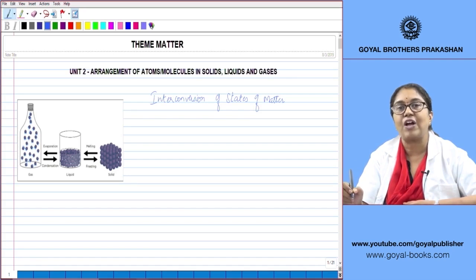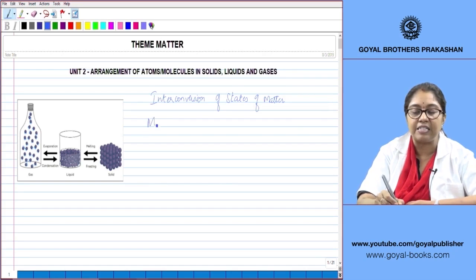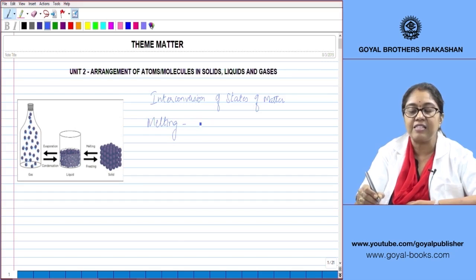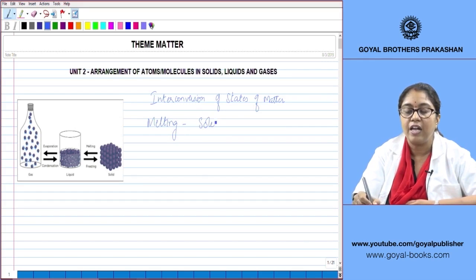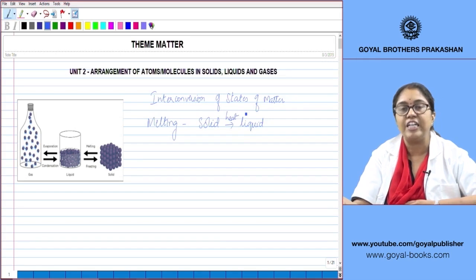This process of converting a solid into its liquid state by heating is known as melting. So melting is defined as the process of converting a solid into its liquid state, and this happens on application of heat.